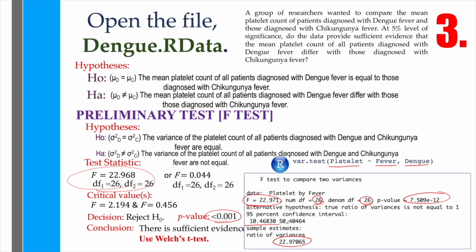And as for the 95% confidence interval, remember that this was computed by simply multiplying this with the two values of F: one F with cumulative probability of 0.025 and another F with cumulative probability of 0.975.